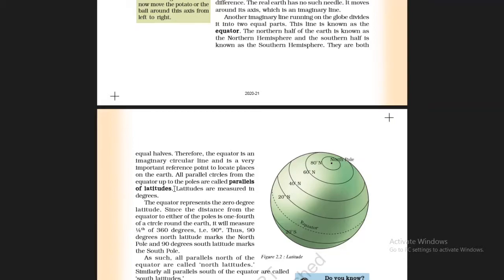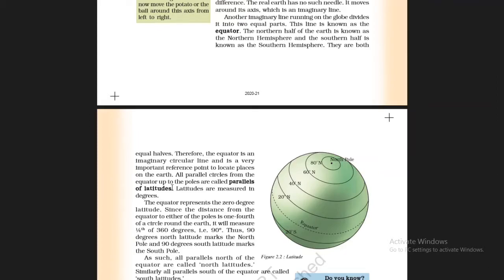If any two lines go straight without intersecting each other, that is called a parallel line. So these parallel circles, none of the circles meeting one with the other, are called parallel circles. All parallel circles from the equator up to the poles are called parallels of latitudes.